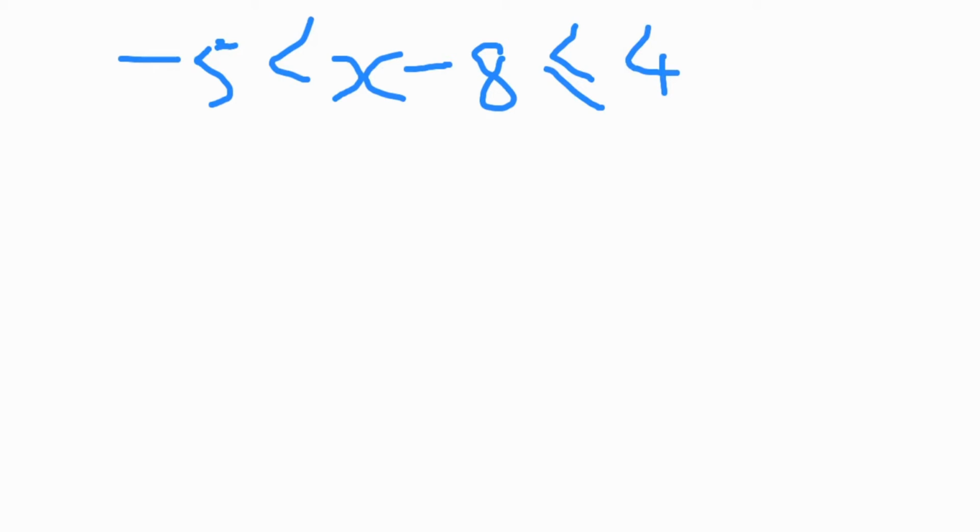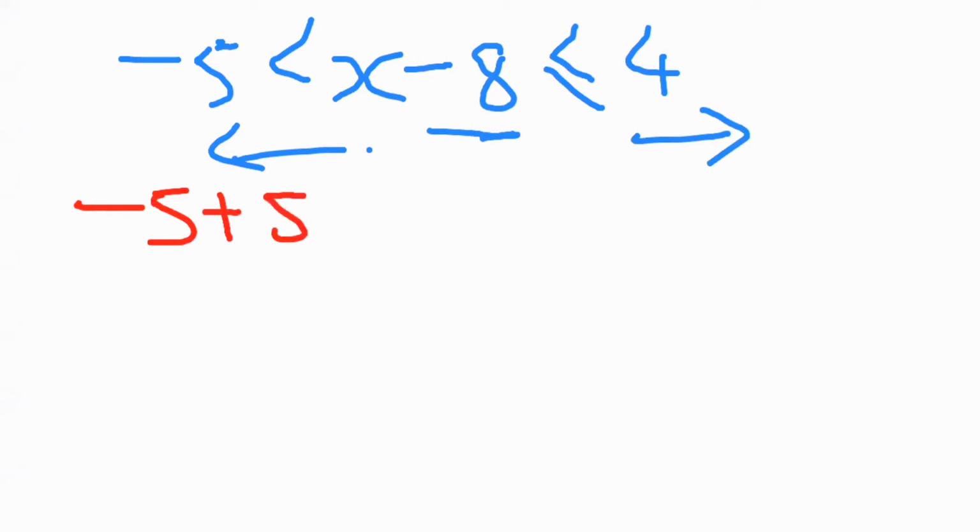It requires you to take over this 8 to this side as well as to this side. So you would get -5 plus 8 being less than x, right?